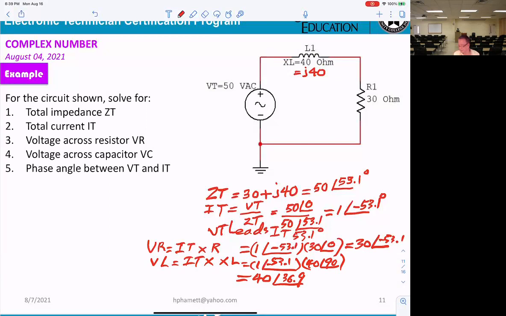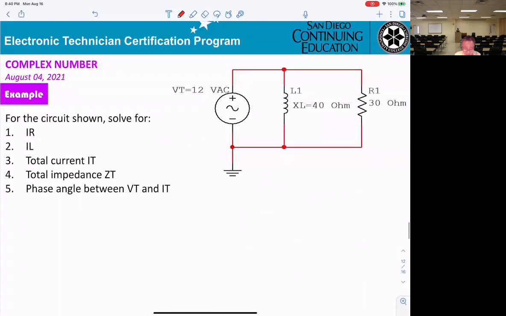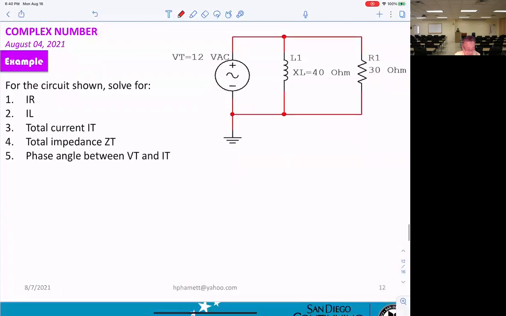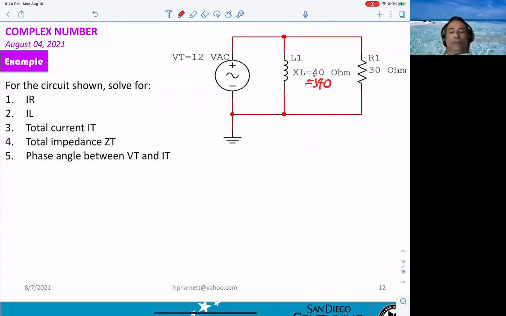Okay, up to this point, any question? Okay, I think that one, if you can do that one, you're okay. However, what I'm telling you, XL changes to J40.